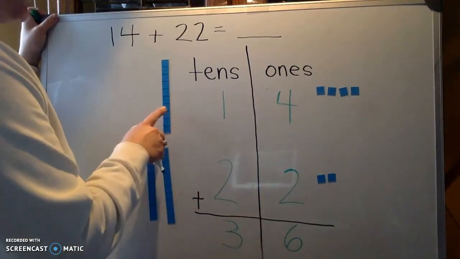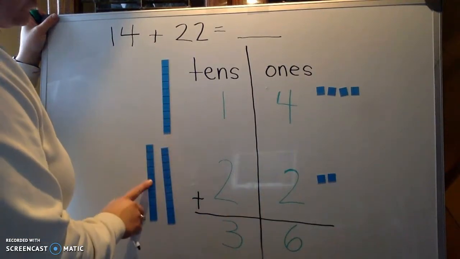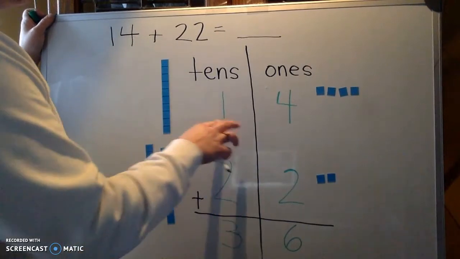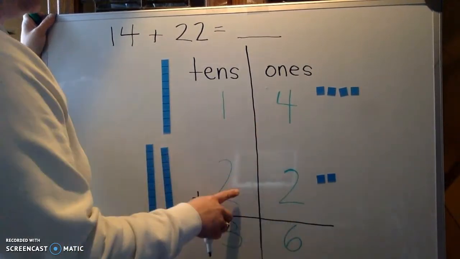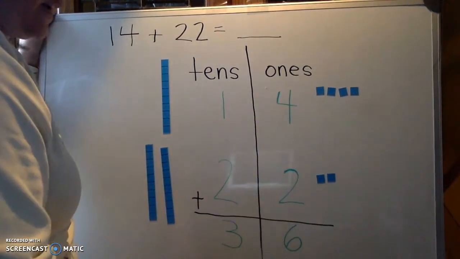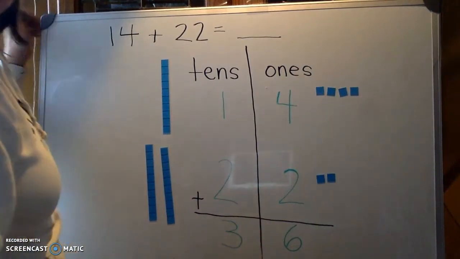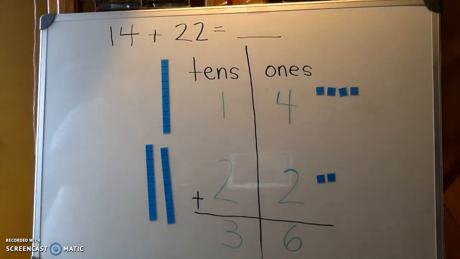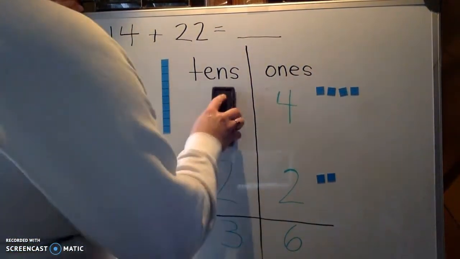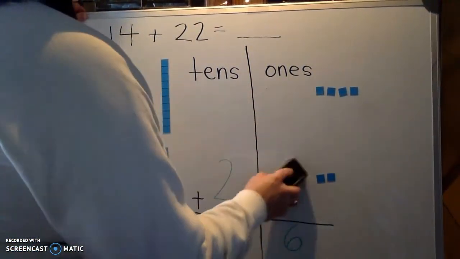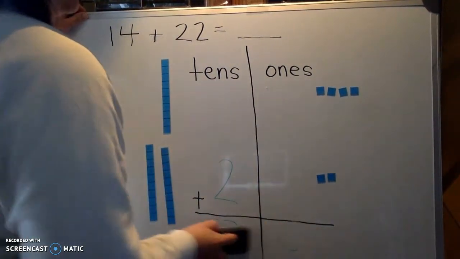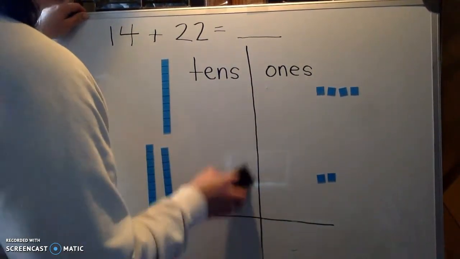The value of 3 tens is 10, 20, 30. So 14 big bubbles and 22 little bubbles made 36 bubbles altogether. Great job. All right, erase your boards or go below on your paper, and let's make space for our new problem.